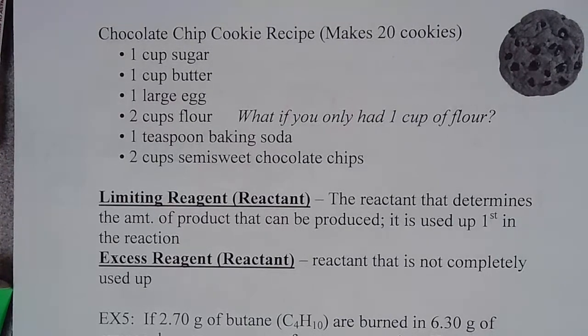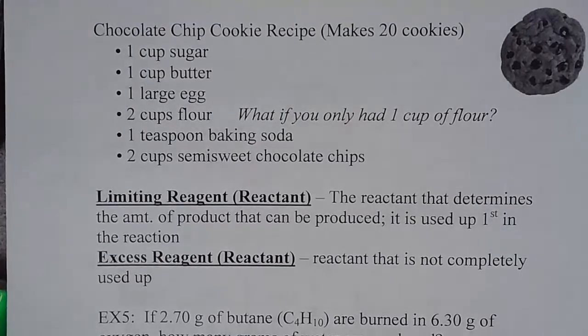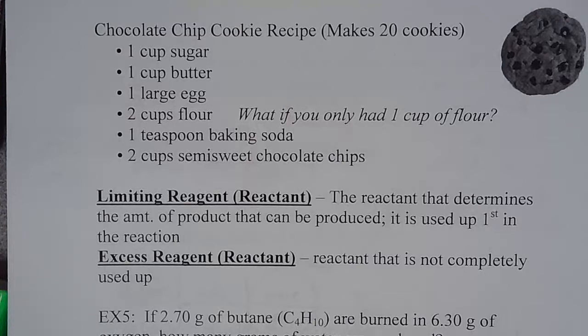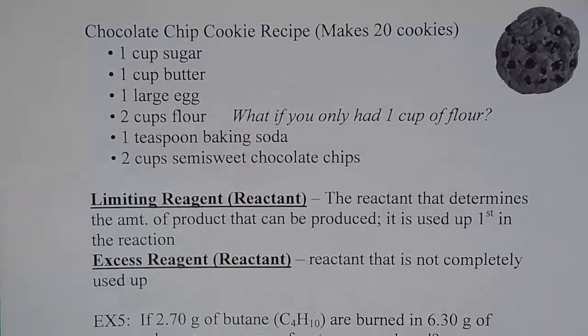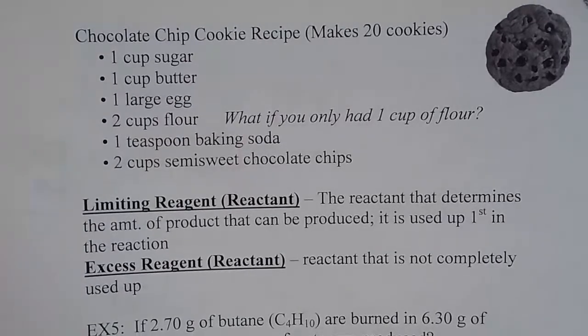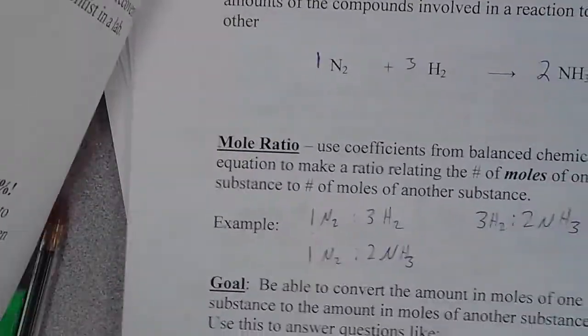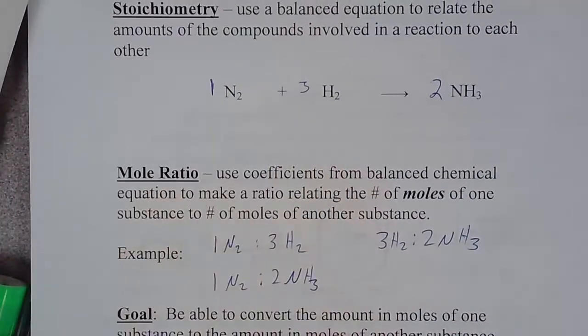Well, when it says large egg, is it talking like an ostrich egg or a large chicken egg? You know, when you buy eggs at a grocery store, they have different sizes, and you might be able to substitute a medium egg instead of a large egg or something. I don't know.